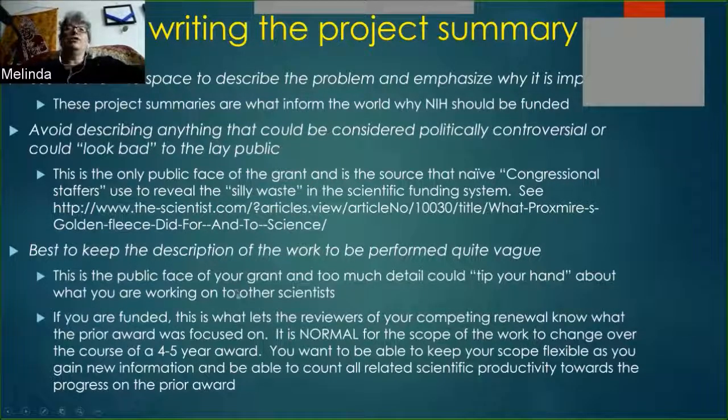Somebody could try to steal your idea and maybe scoop you on the project. If you're overly specific in the specific aims, it could also make it more difficult to get your award renewed, because the reviewers of your competing award renewal only have the project summary and the prior reviews as their only guide of what the prior award was focused on.